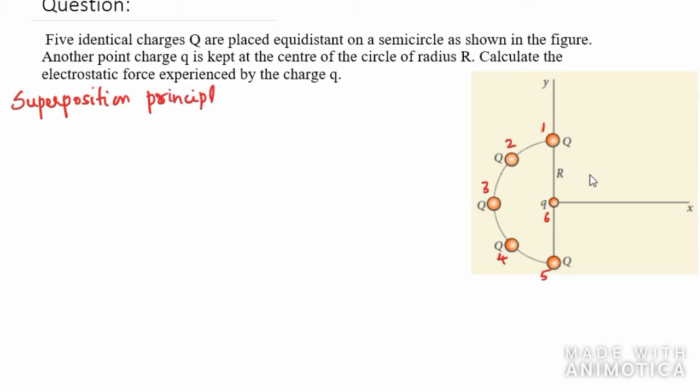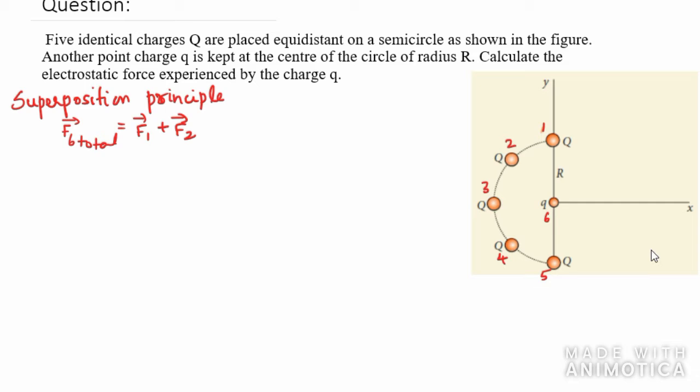What is the superposition principle? According to the superposition principle, the total electrostatic force on charge Q is the vector sum of the forces due to other charges. So we can write F6 total as the vector sum of the effects of the other charges, F1 plus F2.